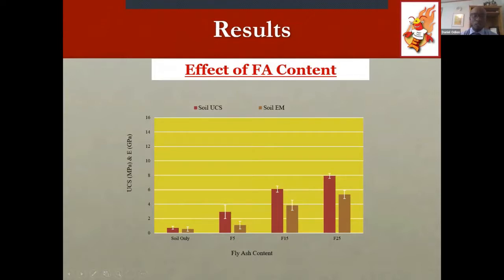If you look at the strength, we can draw from this figure that there was an increase in the strength when we increased the fly ash content, and the highest increase was noticeable at 25%. Also, there was an increase in the elastic modulus as we increased the fly ash content.